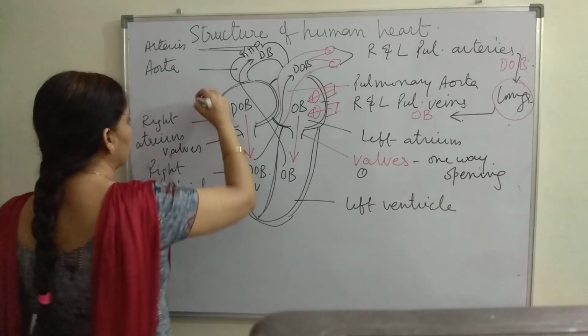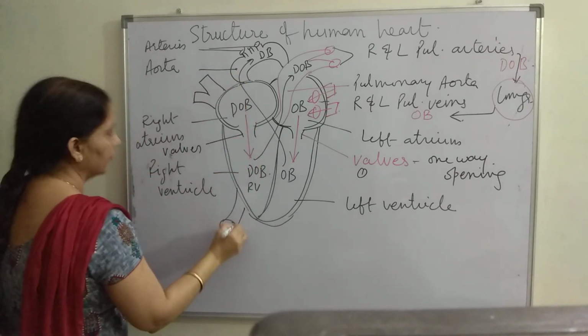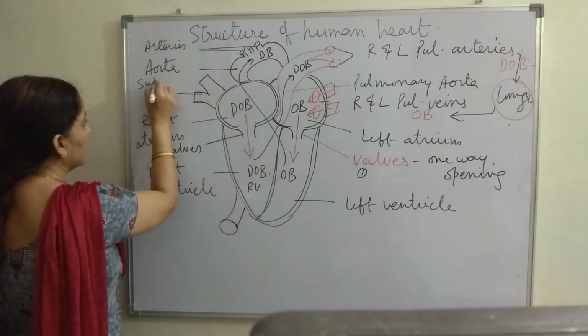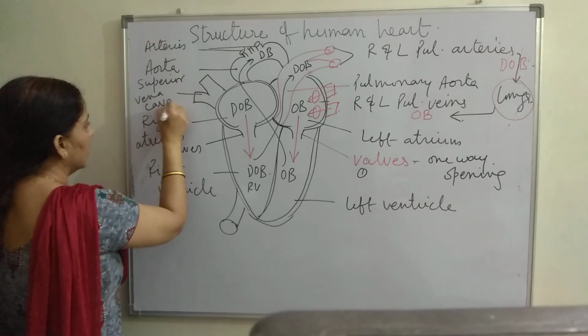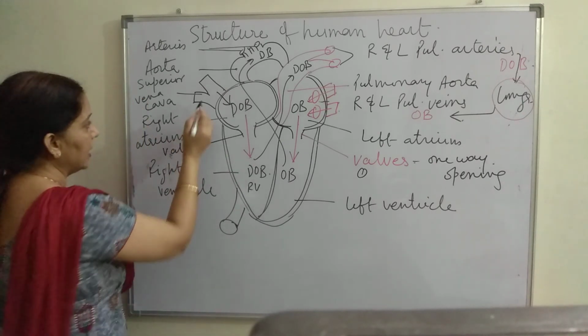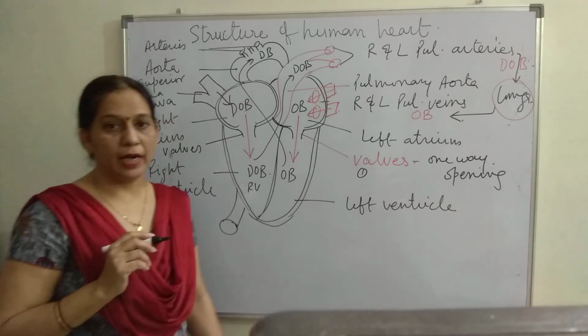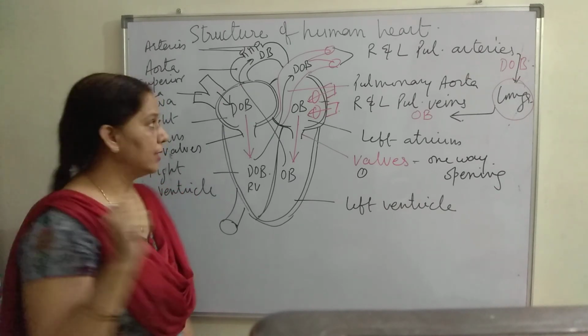Apart from these, there are two more big blood vessels. One is the superior vena cava. It opens to the right atrium and it collects deoxygenated blood from all upper body parts: shoulder, neck and head, okay?